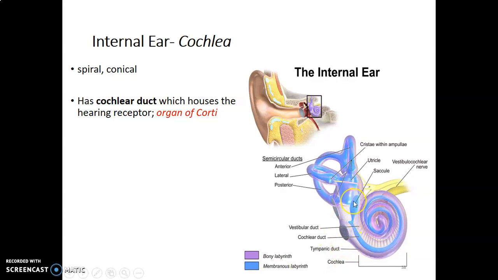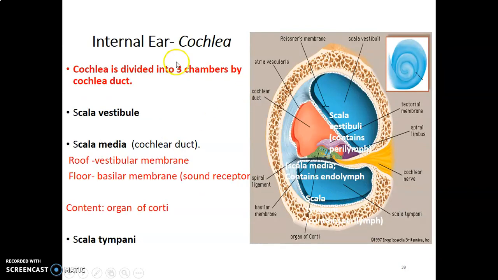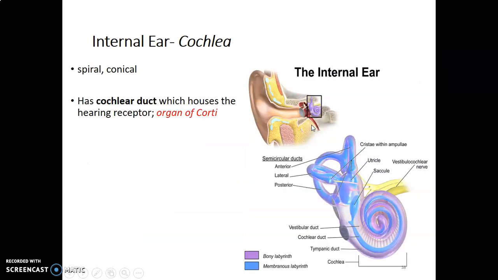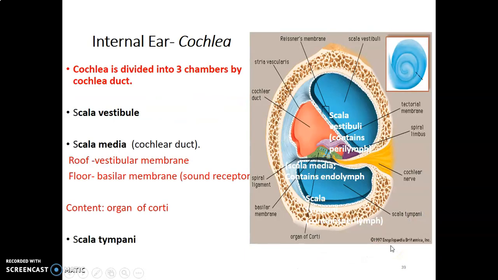The cochlea is a spiral structure, divided into three chambers by the cochlear duct. The cochlear duct is the inner or central portion.